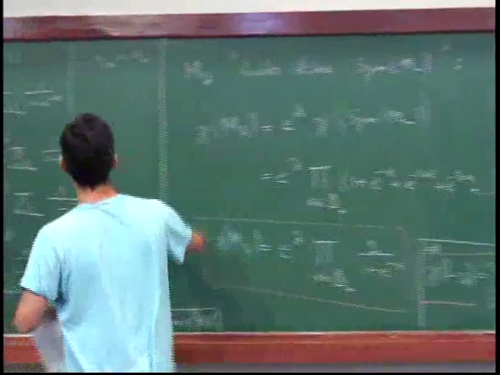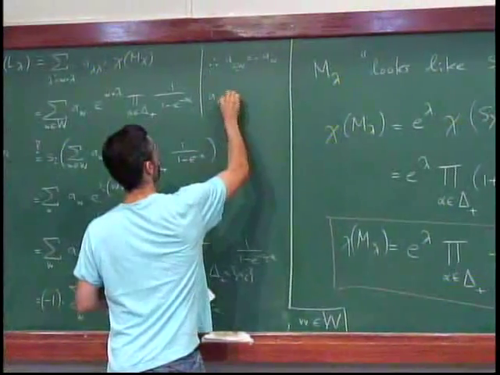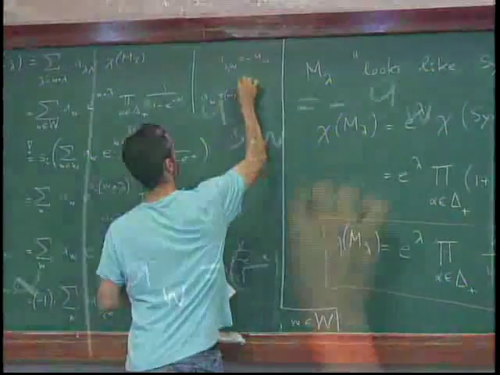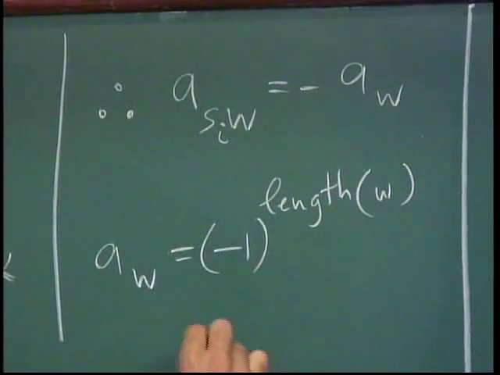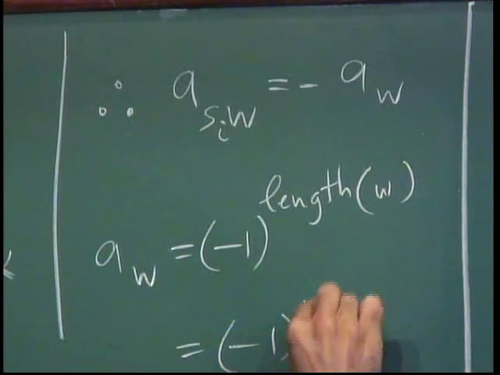And therefore, A sub W is minus 1 to the length of W, which I'll abbreviate by minus 1 to the W.